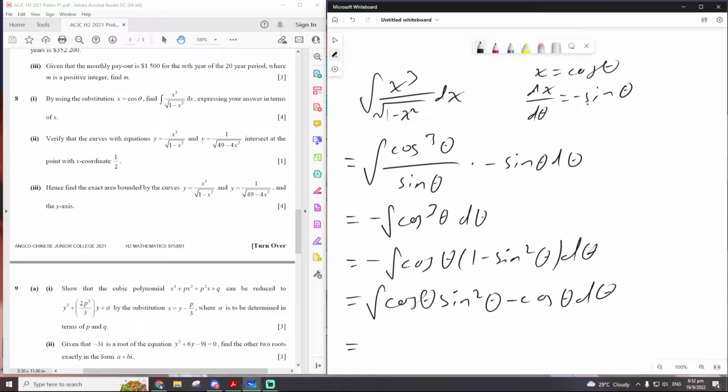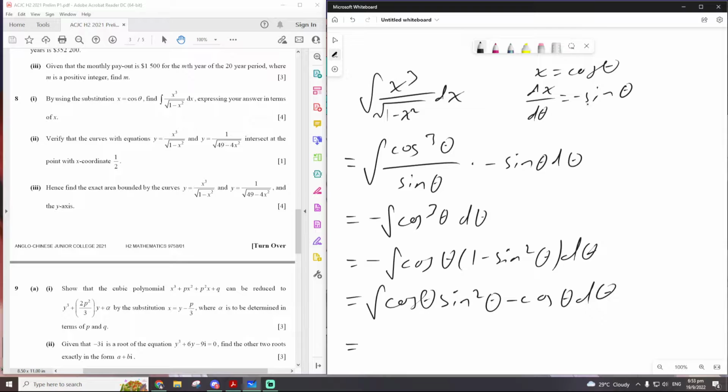Okay. Yes. Okay. So this is f prime x f power x, f x power n. Sorry. This is sine square, cosine is the derivative.